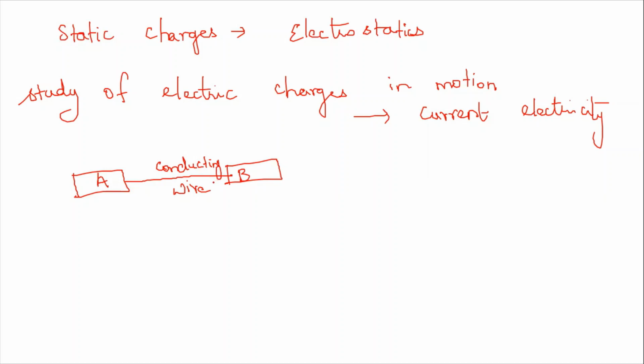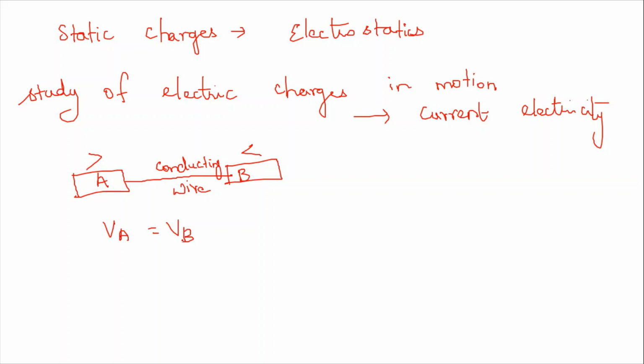What will happen? Charges will start flowing from the body with the higher potential to the body with lower potential. If A has the higher potential and B has the lesser, charges will start flowing from A to B. The charges will continue to flow until the potential V of A is equal to V of B.